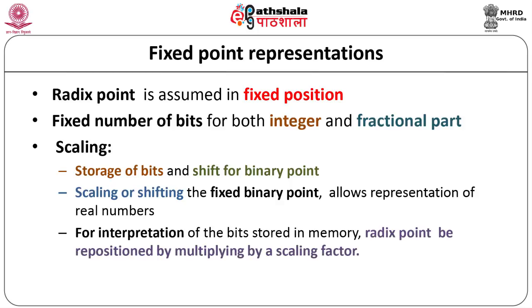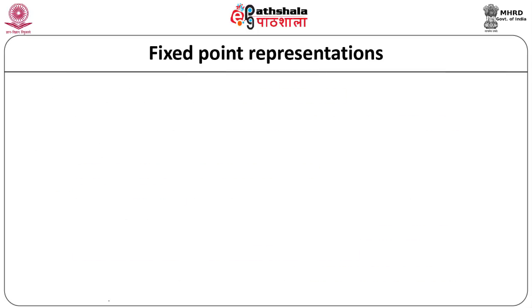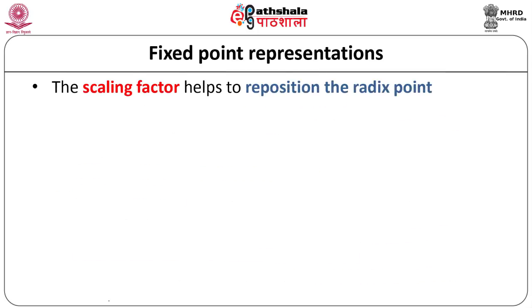While interpreting the bits of the numbers stored in the memory, the radix point can be repositioned by multiplying the stored number by a scaling factor. The scaling factor in binary is always 2 raised to a fixed exponent. The scaling factor helps to reposition the radix point and allows us to represent integers as well as real numbers by fixed point notations.